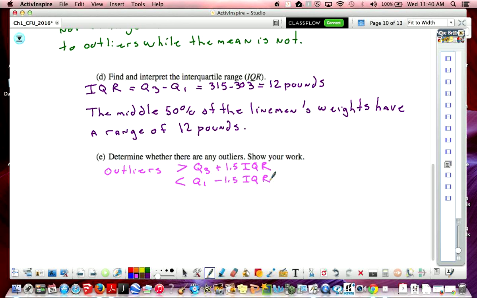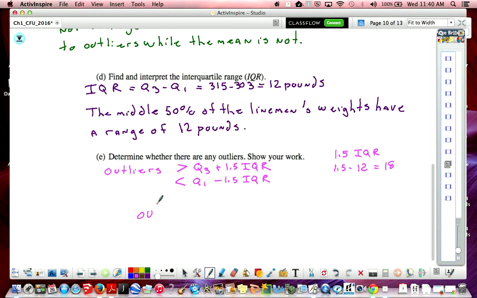So I need to go 1.5 times the IQR. In our case, 1.5 times 12 is 18 pounds. Now I need to add that to Q3 and subtract that from Q1.